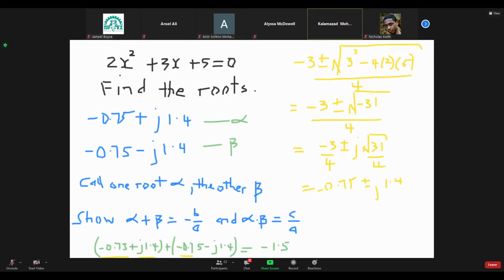Plus j1.4 minus j1.4 will disappear. All right. And this is equal to minus b over a, which is from up here, minus 3 over 2.